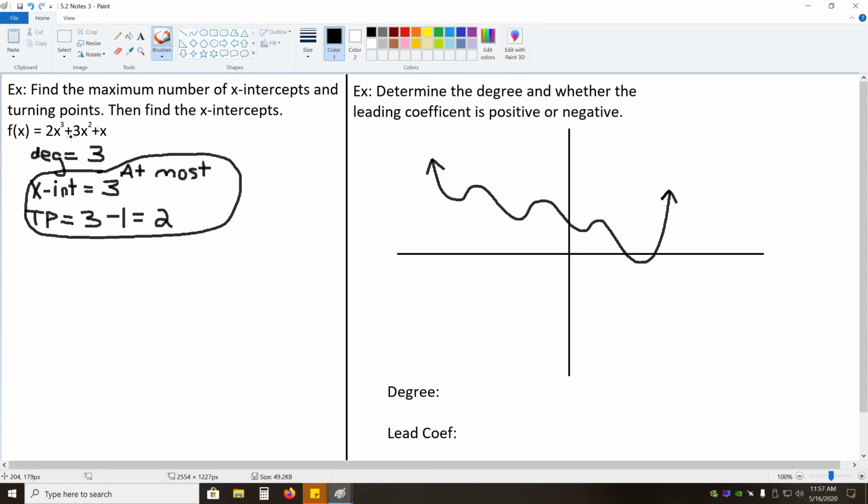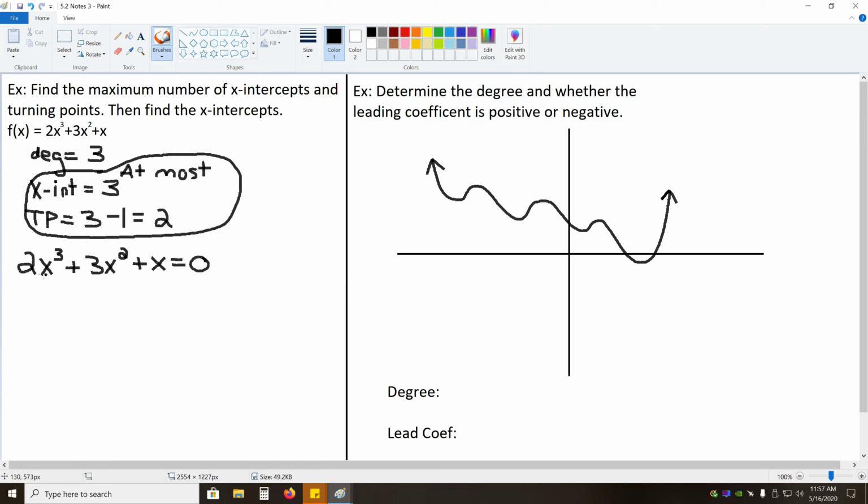We can do this fairly quickly by just remembering that you always set the equation equal to 0 to find your x-intercepts. So 2x to the third plus 3x squared plus x equals 0.